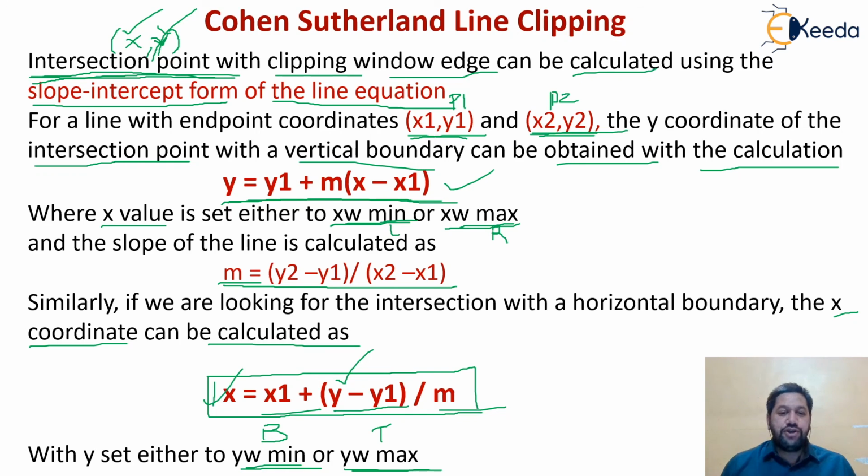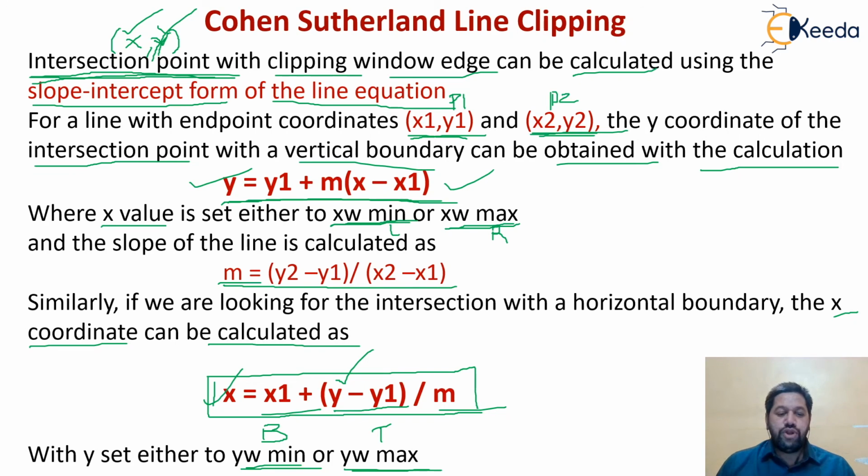If the line is totally invisible, then it is rejected. If the line is totally visible, then it is completely drawn. And if the line is partial, then using the formulas we have just learned, we can calculate the intersection point of the line with the window edge, and appropriately clip the outside part of the line, preserving only the part which is inside the window.